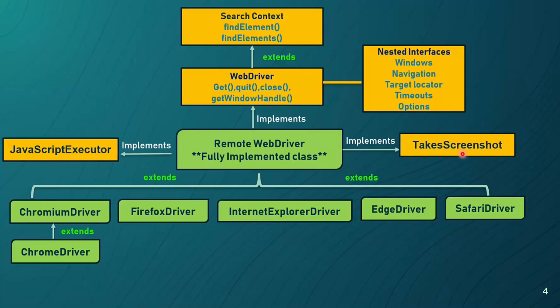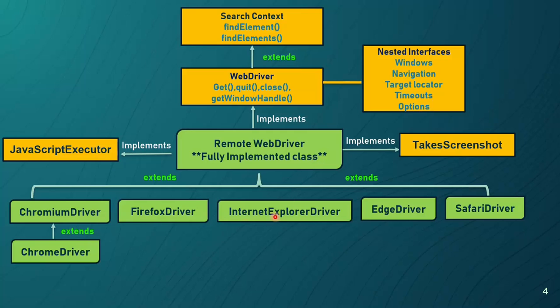These interfaces have abstract methods of their own, and we can implement those methods. So in conclusion, the remote WebDriver is a fully implemented class which contains the abstract methods of the WebDriver interface, the search context interface, the take screenshot interface and the JavaScript executor. So this is about the remote WebDriver.